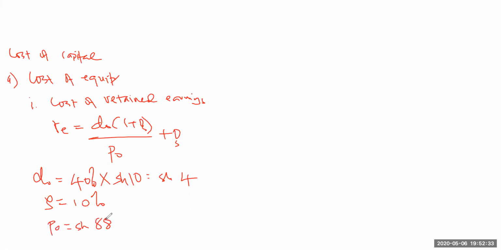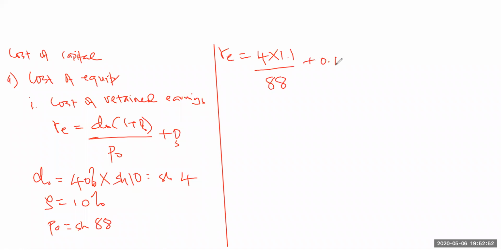Having done that, I think we have all the variables required in order for us to get the cost of equity. Therefore, cost of equity will be D naught, which is 4, times the growth factor 1.1, over P naught, which is 88, plus the growth 0.1.